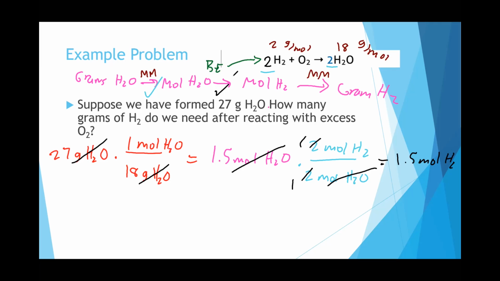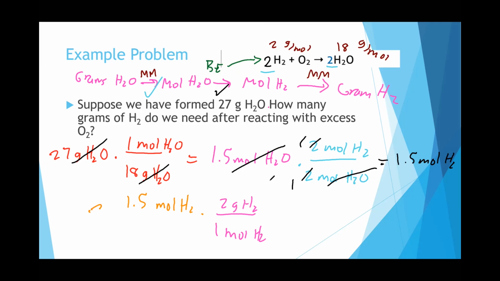And the last thing we need is moles of H2 to grams of H2. And the only way we could get that is the molar mass. So we have 1.5 moles of H2. We know 1 mole of H2 is 2 grams of H2 by the molar mass.